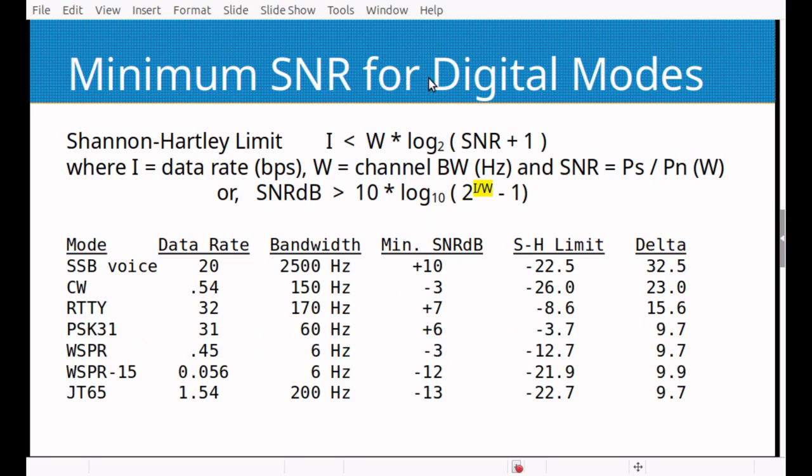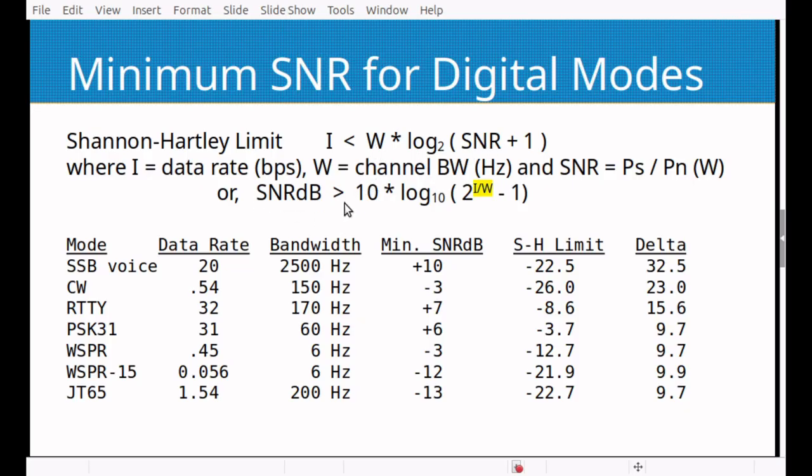So here I compute the minimum signal-noise ratio for these modes, and I threw in the voice and the CW. And I took the Shannon-Hartley limit theorem, which tells you the maximum information that you're ever going to be able to get from a signal with a bandwidth of W and an SNR.